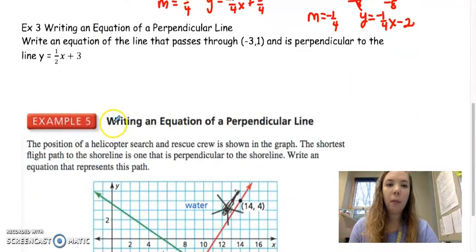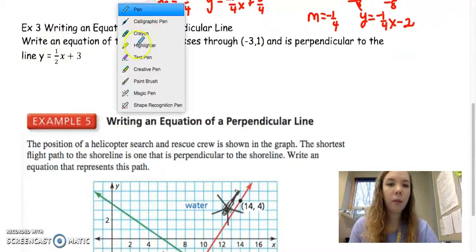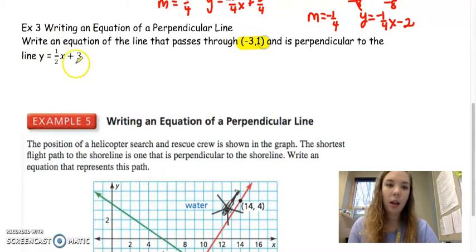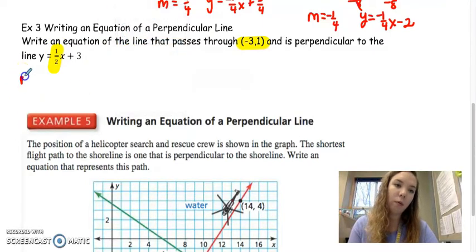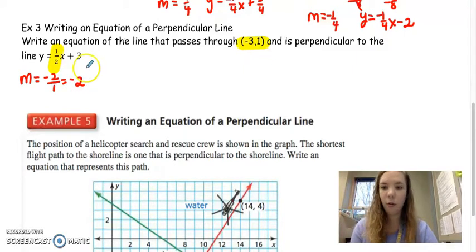Writing an equation of a perpendicular line. So they want us to use the point negative 3, 1 and perpendicular to 1/2. So the opposite reciprocal of 1/2, so I flip it upside down, I'd have 2 over 1, and since it was positive, now it's negative. And that's the same as just negative 2. So again, I can use either method from the front side of our notes.